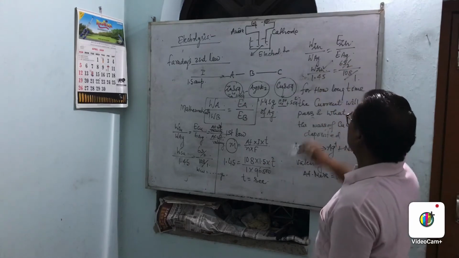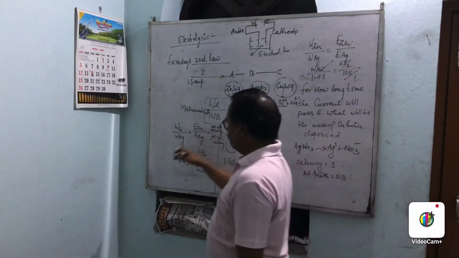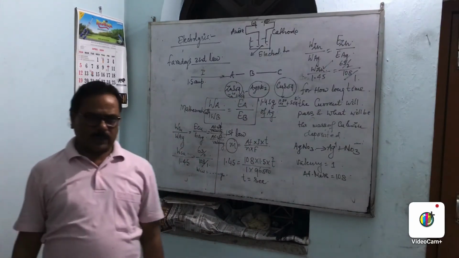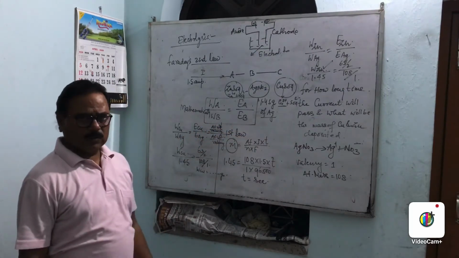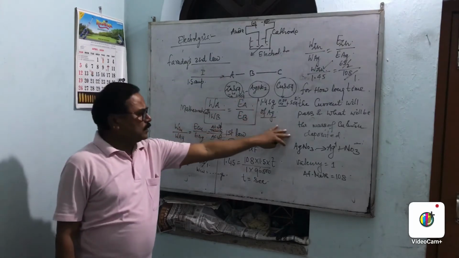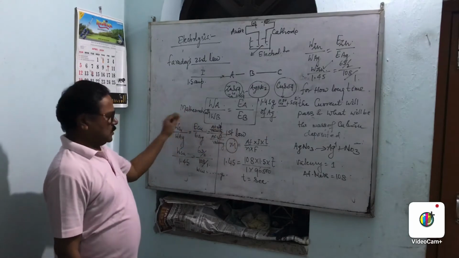So we are able to calculate the mass of zinc in gram. So these are the numericals based on Faraday's law of electrolysis, the first law and the second law. With examples, I have explained both types of numerical on the basis of this one.